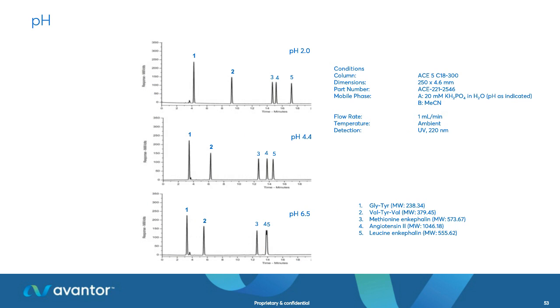Here we're looking at 2, 4.4 and 6.5, and that's just based on the fact the column can only go up to pH 8 or pH 7. So if you have a column that goes to a wider pH range, obviously you could look at a different pH. So you can see big differences in the peak spacing and the peak elution order based on changing the pH.